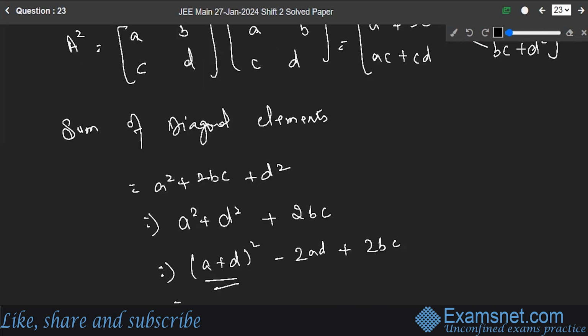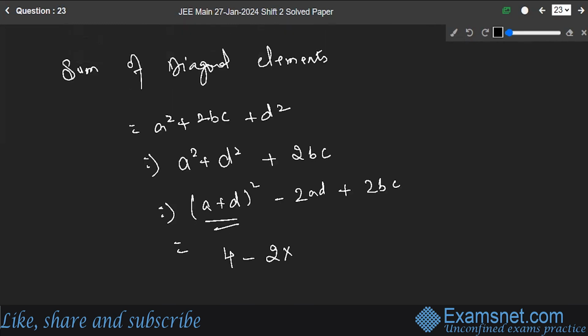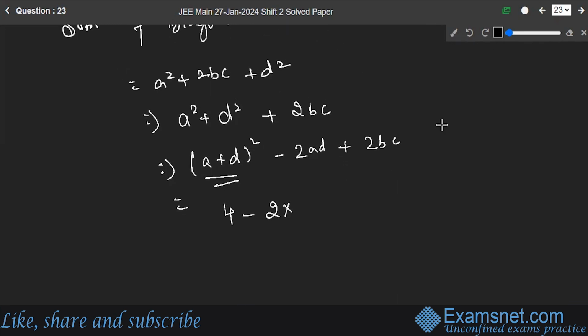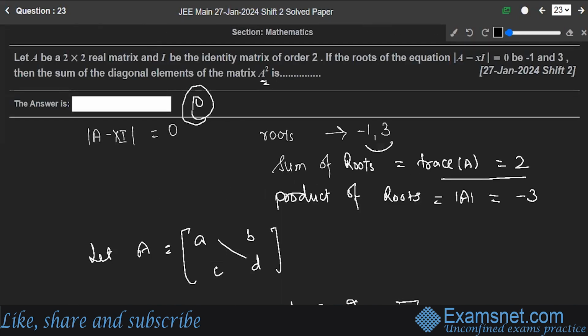This is equal to 4 minus 2 times (ad minus bc), and ad minus bc was equal to minus 3. So this gives me 10. Answer to the question, 10. Hope you're clear.